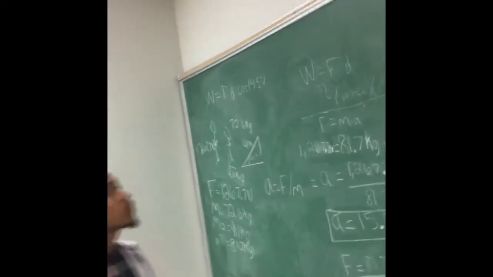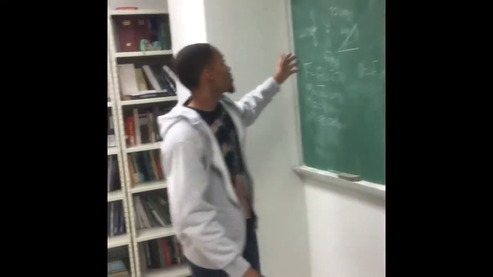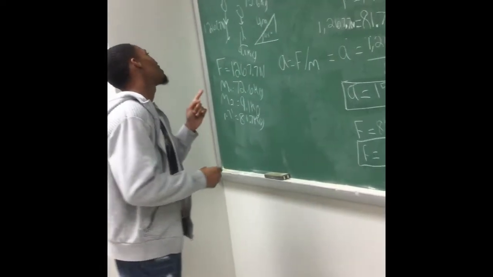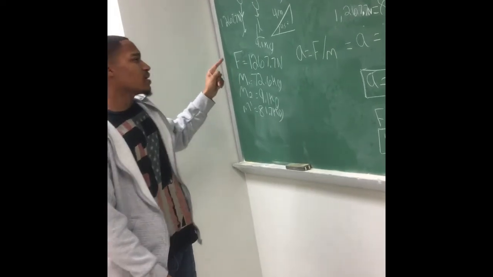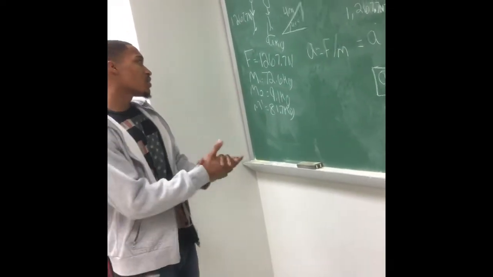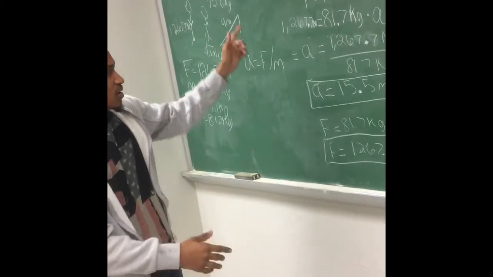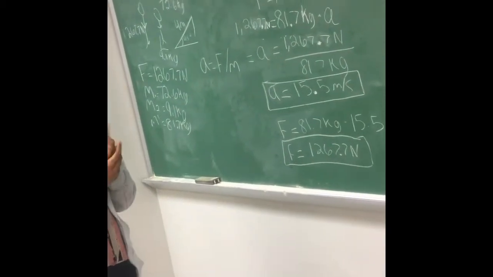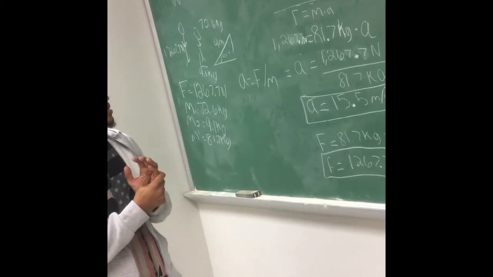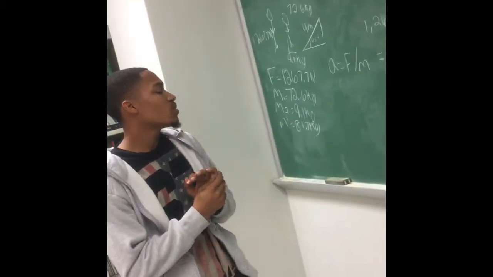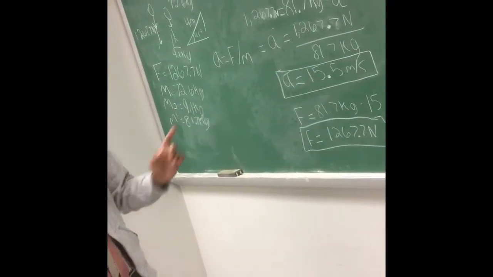So a quick overview of what we just did to find the work. We have our main things right here: 1267.7 newtons for person A, and 81.7 kilograms, including the chair, for person B. Then for our force, F is equal to M times A. We have our equation right here. 1267.7 newtons divided by 81.7 kilograms gives us our total acceleration of 15.5 meters per second.